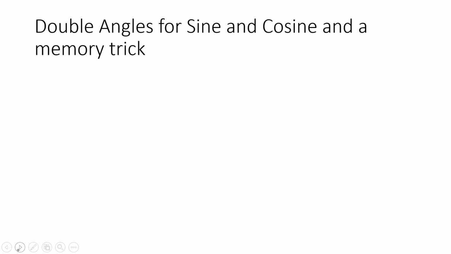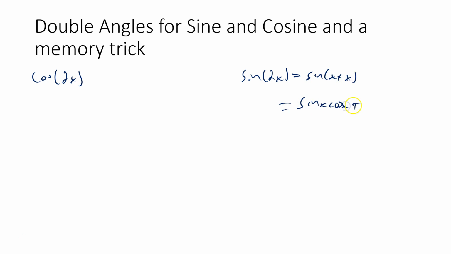So double angles for sine and cosine. What we want now is cosine of 2x and sine of 2x. Let's start with sine of 2x. Sine of 2x is sine of x plus x, which is sine x cosine x plus cosine x sine x. You'll notice that the order here is kind of mixed up, but they're both the same. So this is just 2 sine x cosine x.